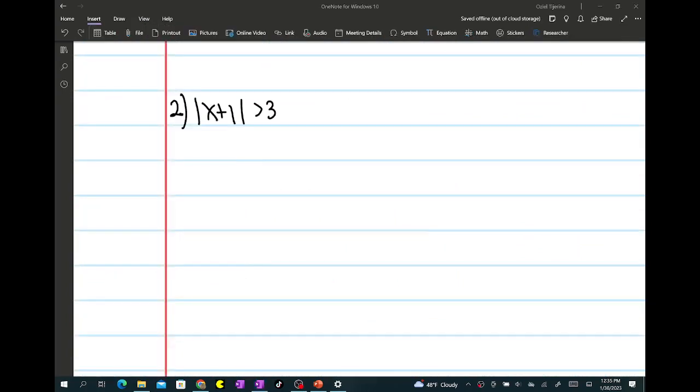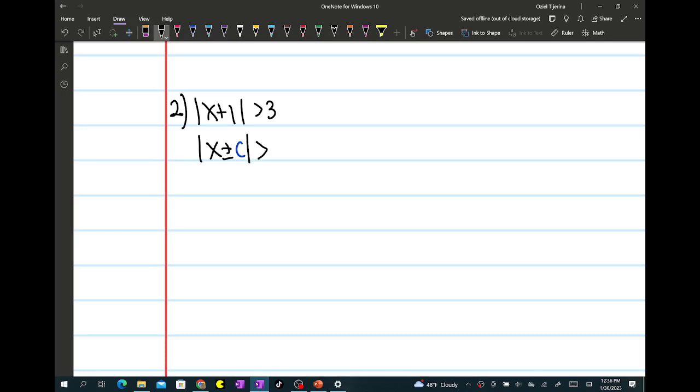Okay, so this example says the absolute value of x plus 1 is greater than 3. So what I'm going to do is, again, we're going to state the rule. So we have the absolute value of x plus or minus c, if this is greater than a number b.